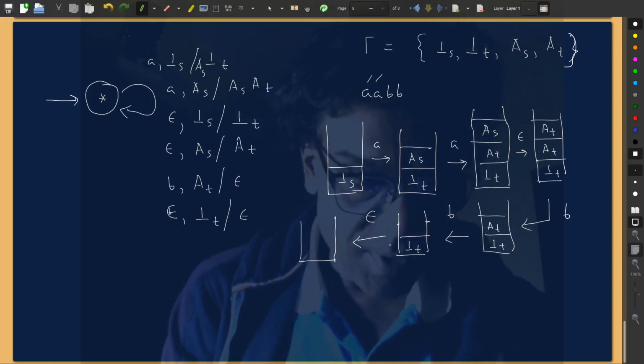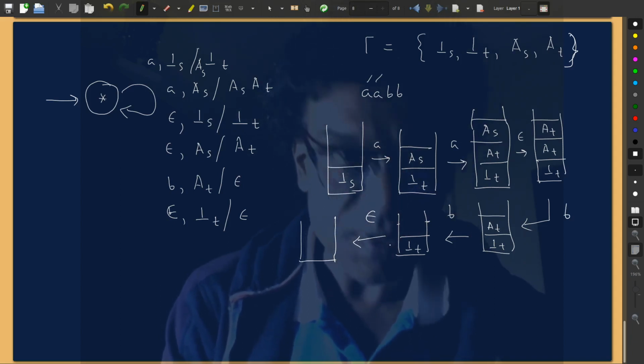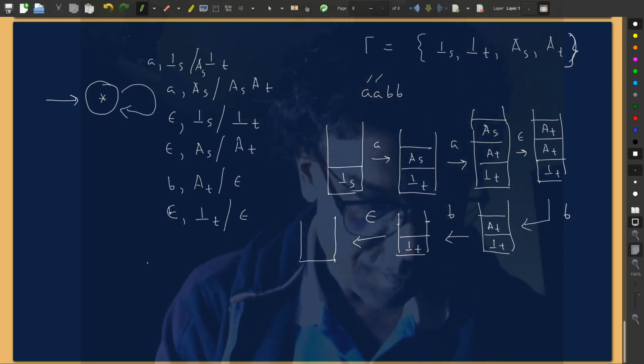Yeah, so this example illustrates how this construction of PDA to PDA of only one state works.